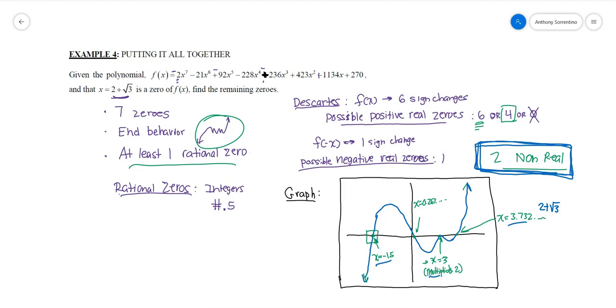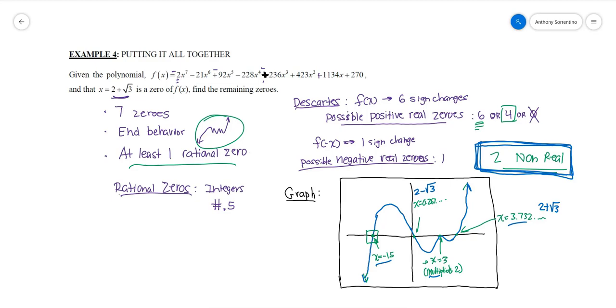But because my original function f of x had integer coefficients, which means that they're all real number coefficients, they're also all rational, if 2 plus square root 3 is a factor, or a zero, 2 minus square root 3 is also a factor, and that's what this one would be. So I know what all of my real zeros are at this point based on the information I was given in the problem and the graphing and the analysis I did.